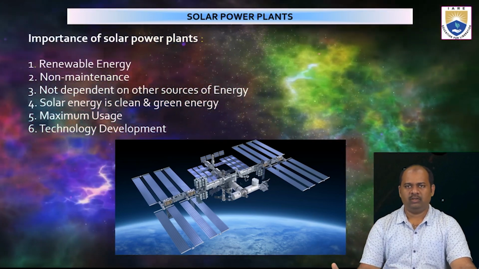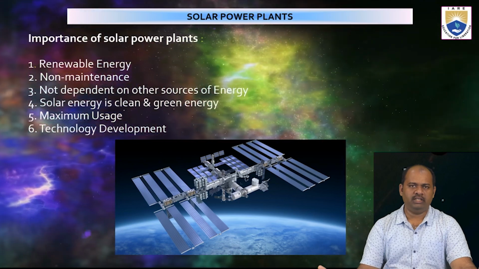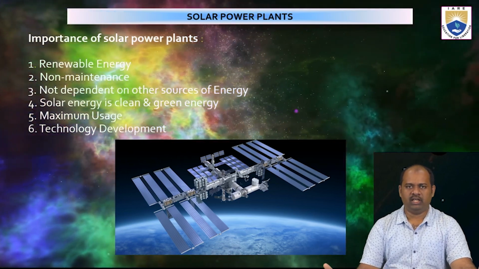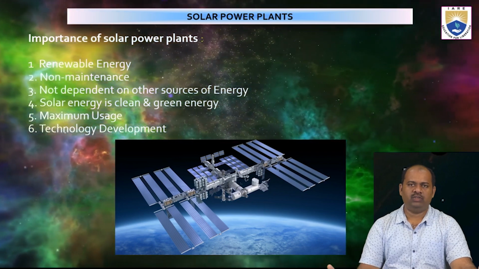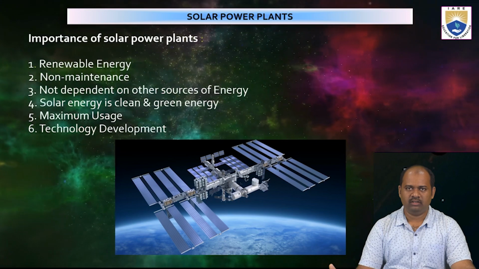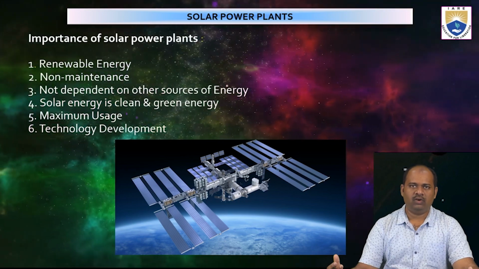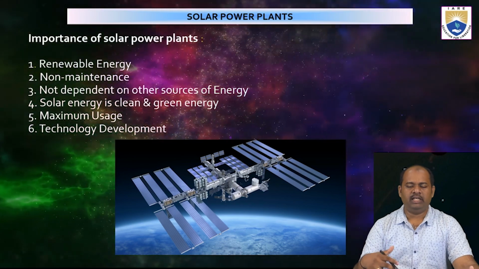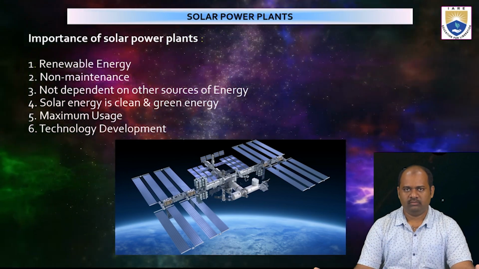Whereas in outer space, we get more intense radiation from the solar energy, which can be converted into electricity more efficiently, because there is no atmosphere, no medium in outer space where the energy is lost.